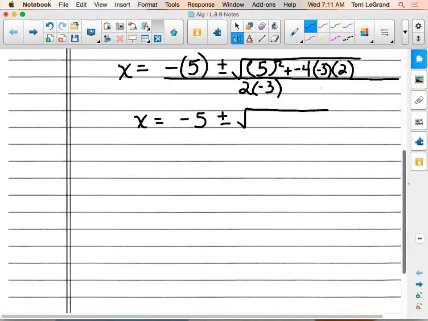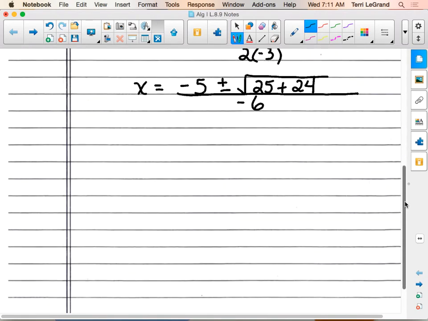So we have 5 that's getting squared, which is 25, plus we have negative 4 times negative 3, which is 12. 12 times 2, which is 24. So our numerator became a little bit shorter. And downstairs, 2 times negative 3, we have negative 6.